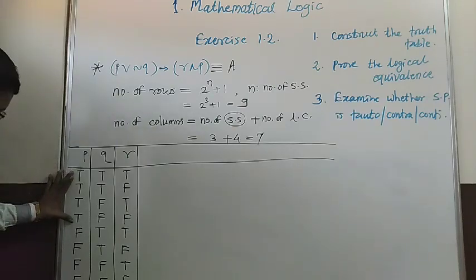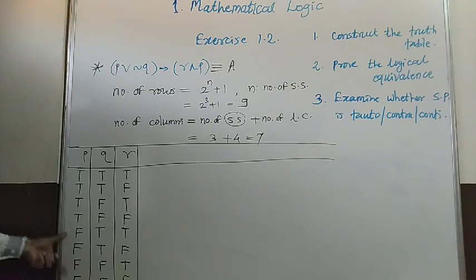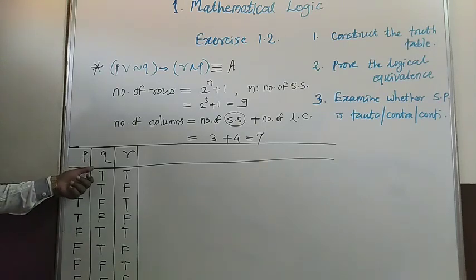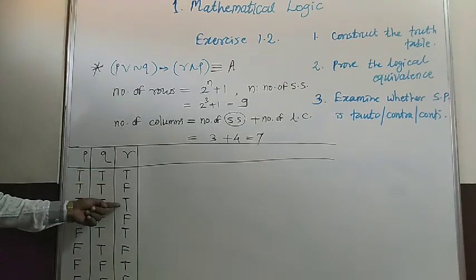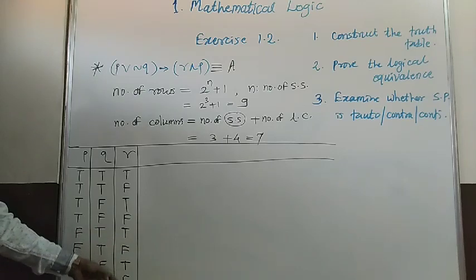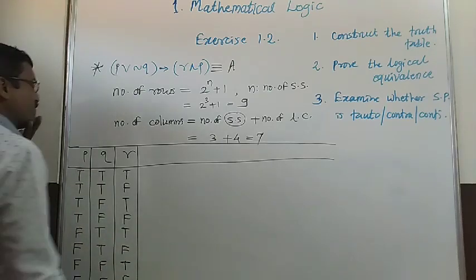In the first column, 4 T's and 4 F's. For the second, 2 T's, 2 F's, 2 T's, 2 F's. Here 1 T, 1 F, alternating. So we get all these possible combinations.